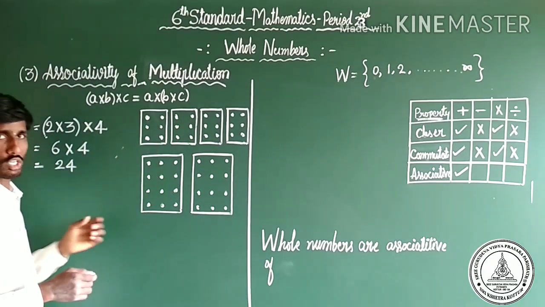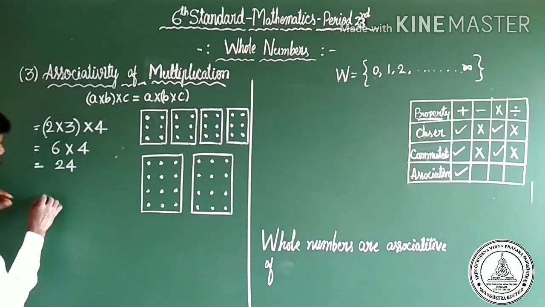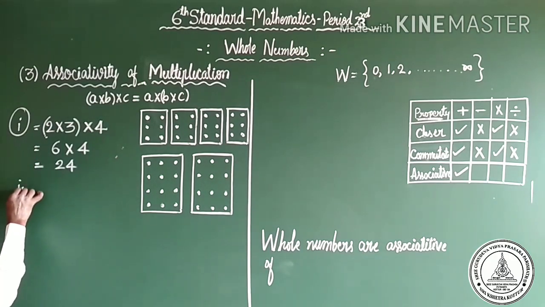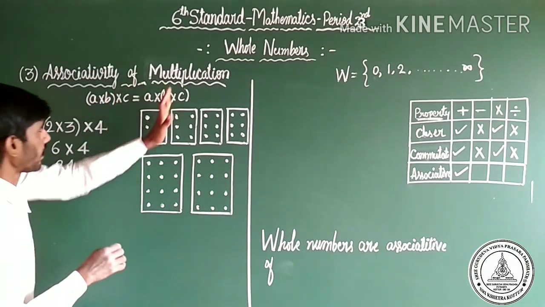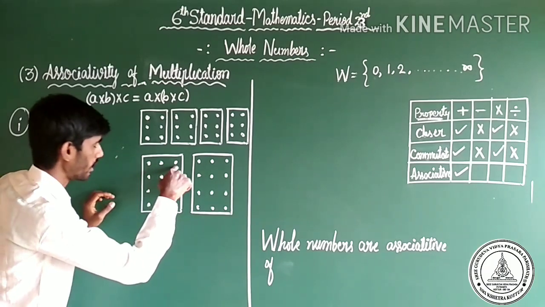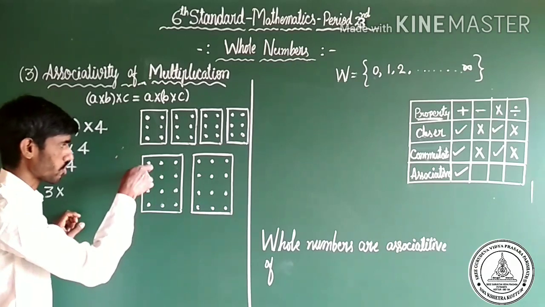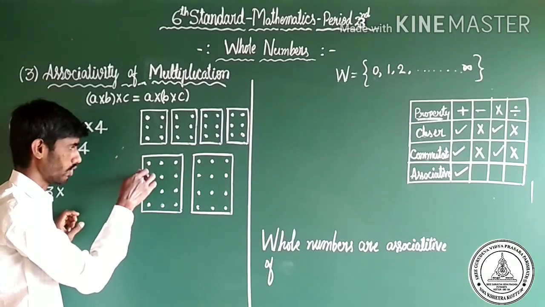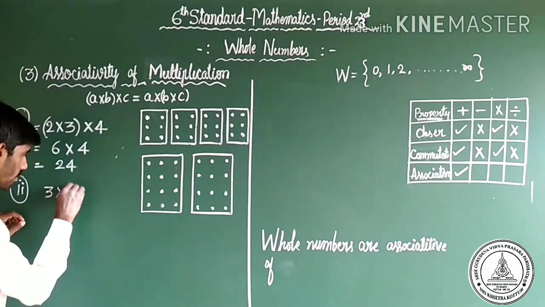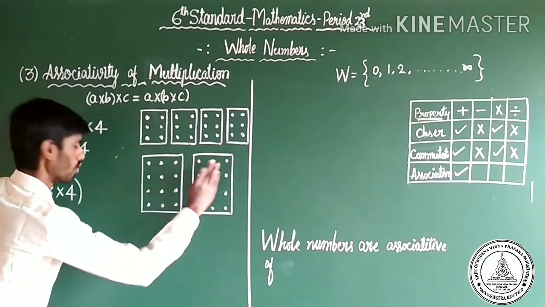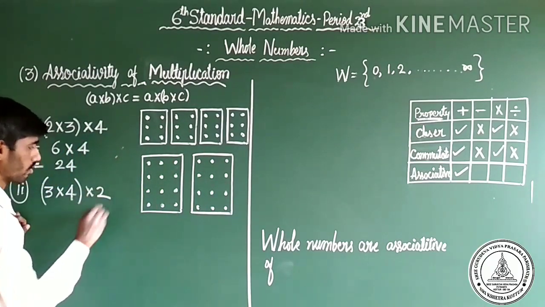Here below there are two boxes. Observe here. This is the first case. This is the second case, I mean right hand side. Here 3 dots in the rows, 3 dots in the column. Each column has 4 dots, 1, 2, 3, 4. How many times does it repeat? 2 times, into 2.